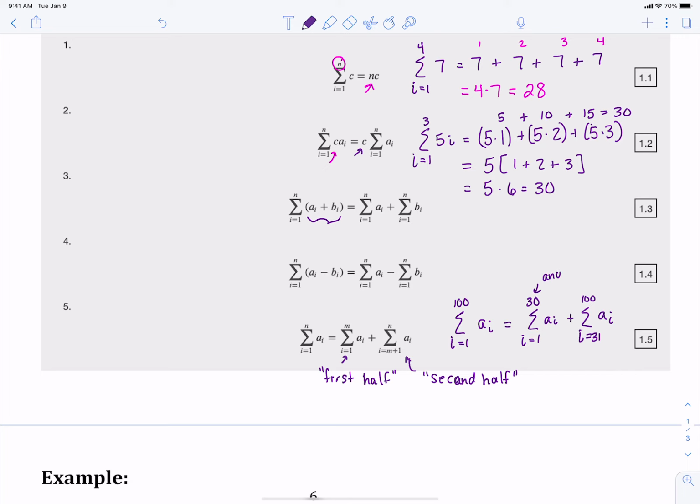So this could be any number between basically 2 and 98. We could break up this sum and split it into two different sums however we wanted.